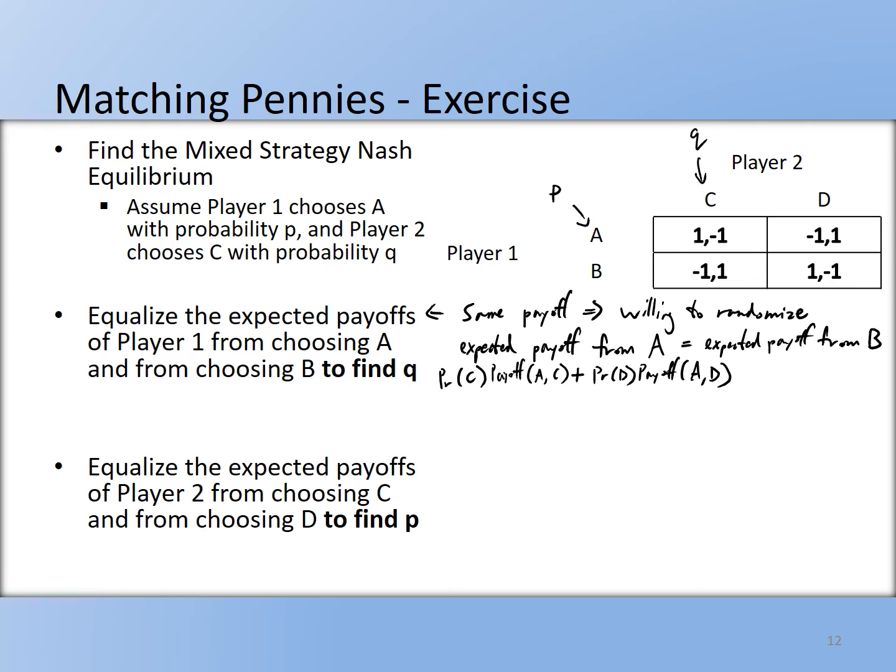Okay? That has to equal what happens if player 2 chooses action C and player 1 chooses action B, plus probability of action D times the payoff of B and D for player 1. Okay?